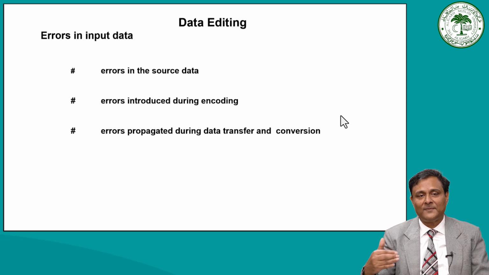So while transferring or converting data, we should know what possible errors may happen, and we need to edit, clean and rectify them at the beginning itself so that minimal errors remain and our analysis is more perfect and more effective.